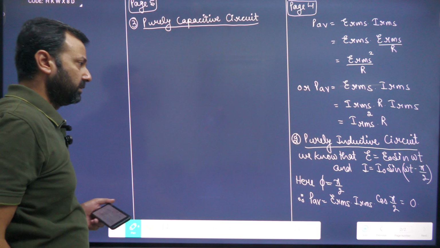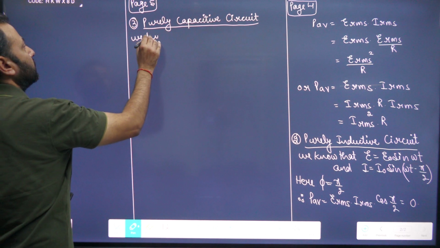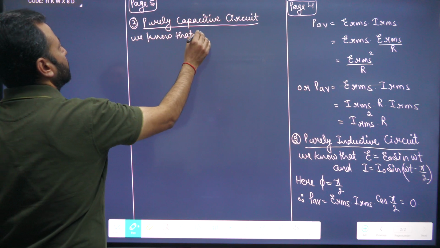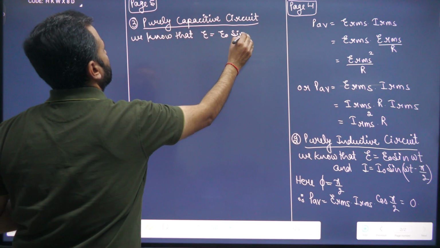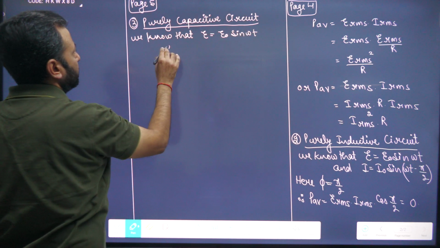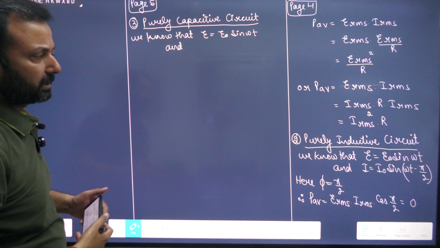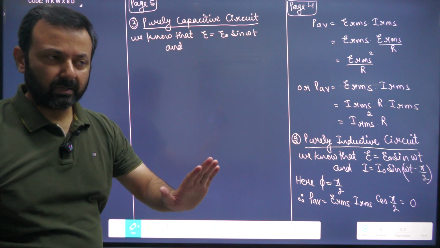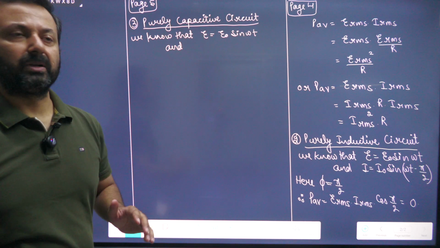In the purely inductive circuit we have done it: E is equal to E naught sine omega t, and we have derived I is equal to I naught sine omega t minus pi by 2.